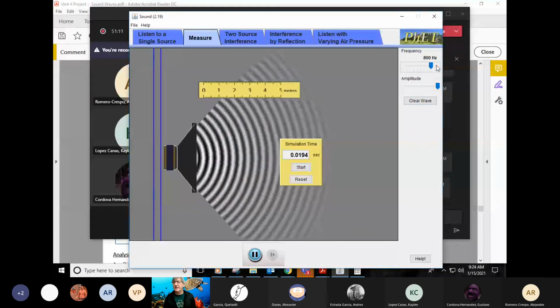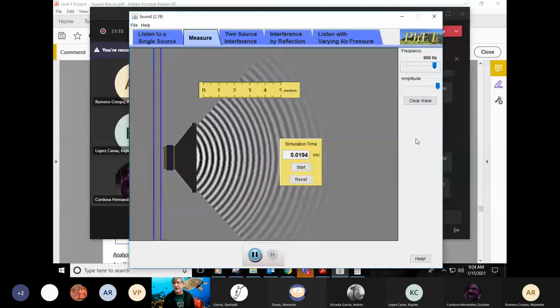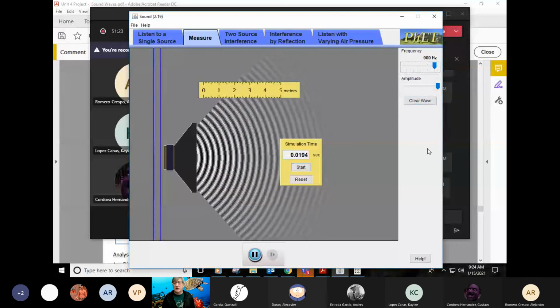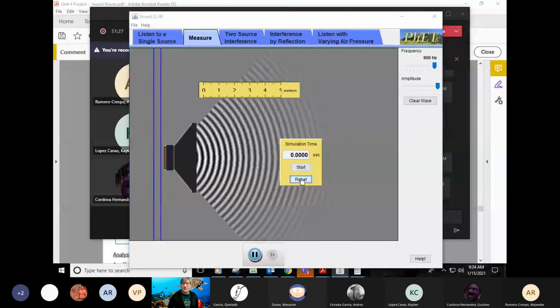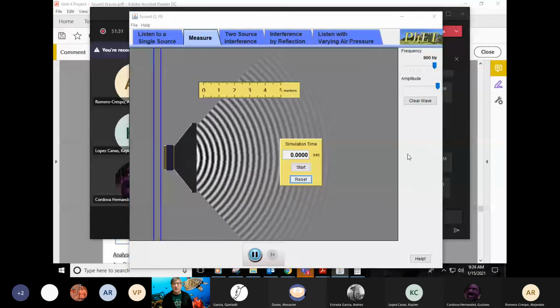All right, almost done with this lab. At least with gathering data, then we have to analyze it. So we're going up to the highest frequency, the highest pitched sound. I'm going to reset it. We're at 900 hertz. Oh, I want to give you a moment to calculate your average. Sorry, I'll wait.